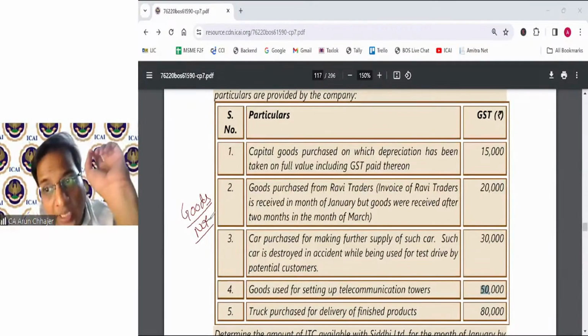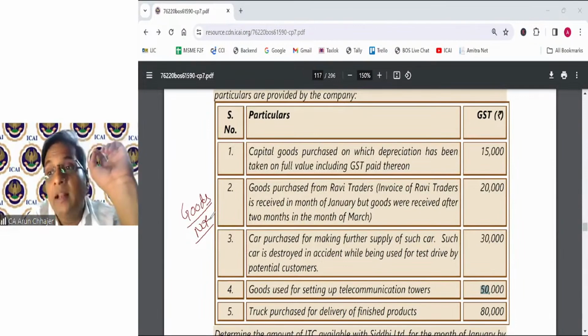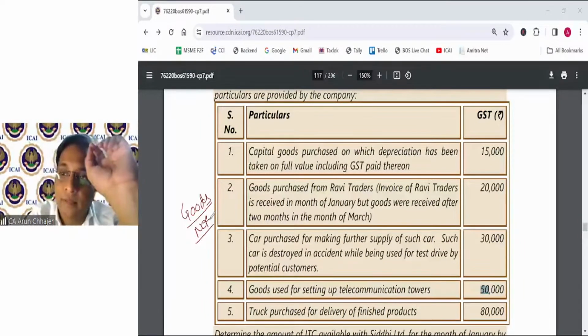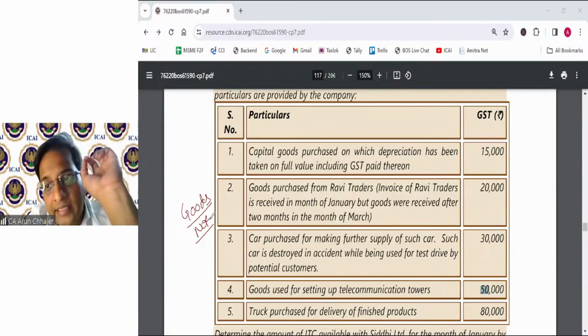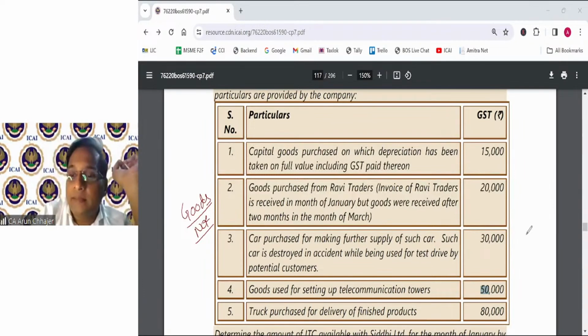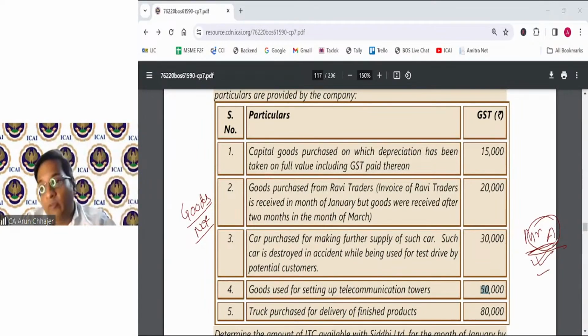Even if the goods are not actually received, still the recipient can take the credit. So let's say Mr. A has received the invoice but not the goods, but still he can take the ITC in one situation. What is that situation?